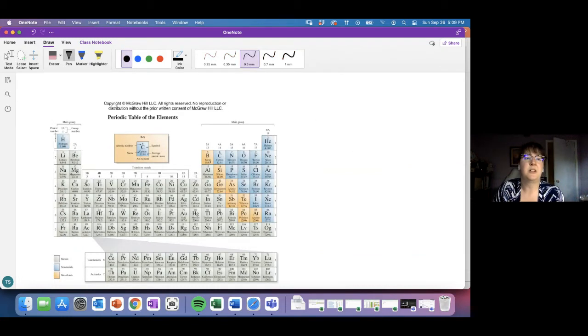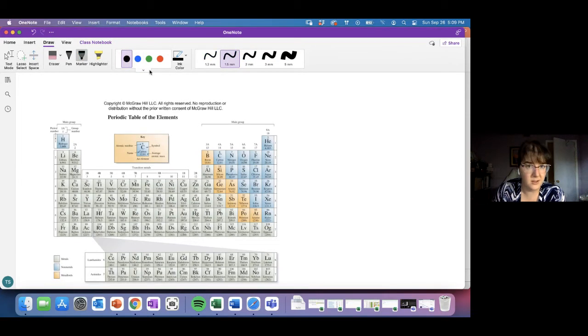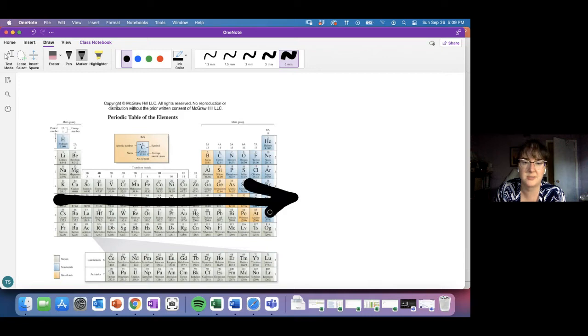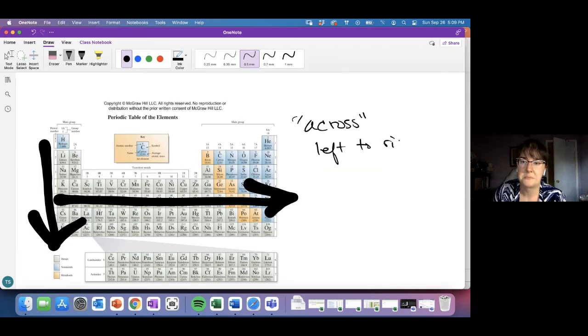When we talk about the overall trend, we're usually just going to talk about going across the periodic table and then usually down. And whenever we say across, we do just mean from left to right.